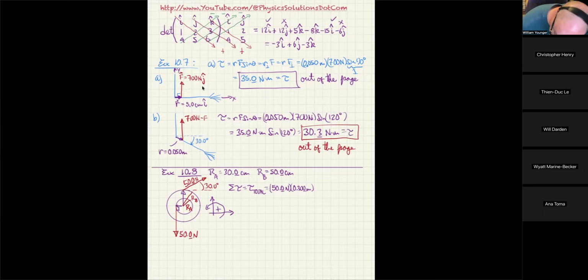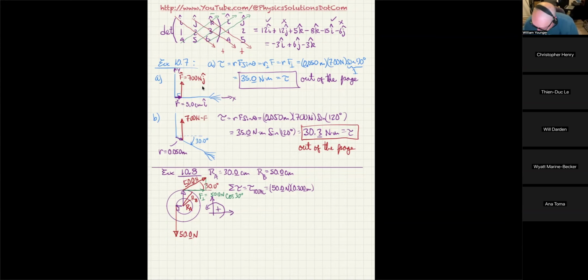You can see that the component of F that is perpendicular has to be this one right here. So this is F perp, and F perp is 50.0 newtons times the cosine of 30 degrees. The cosine of 30 is equal to root 3 over 2, which is 0.866.